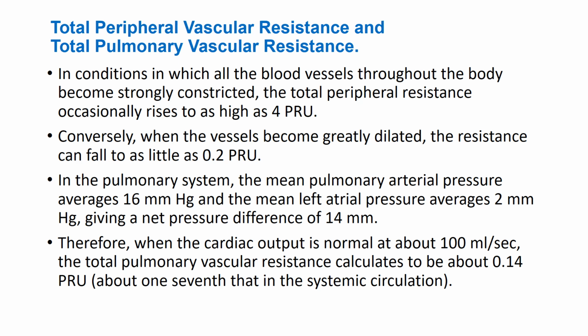In the pulmonary system, the mean pulmonary arterial pressure averages 16 millimeters of mercury and the mean left atrial pressure averages 2 millimeters of mercury, giving a net pressure difference of 14 millimeters of mercury. Therefore, when the cardiac output is normal at about 100 milliliters per second, the total pulmonary vascular resistance calculates to be about 0.14 PRU, about 1/7 that in the systemic circulation.